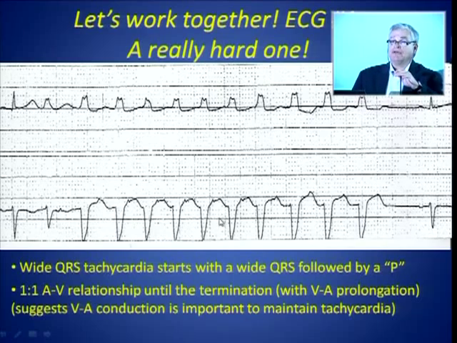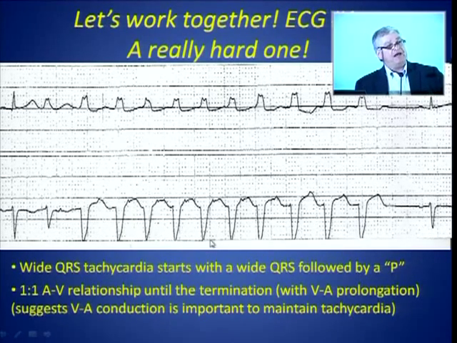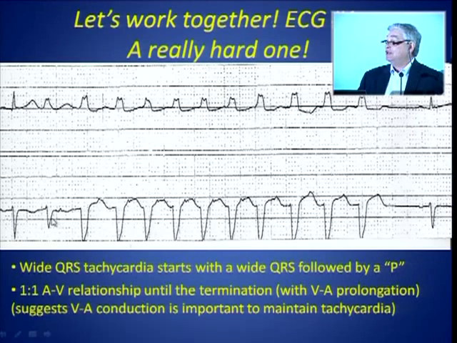So an accessory pathway mediated tachycardia would be the first thing you would think of. As VA conduction is important, both the A and the V are in the circuit. It's initiated by a PVC. You wouldn't expect to see that with AV nodal reentry or with atrial tachycardia. Very interesting.